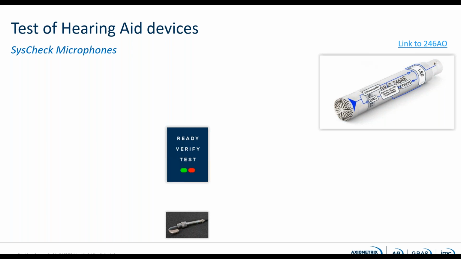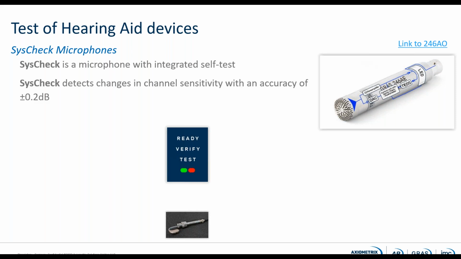SysCheck microphones. What are SysCheck microphones? A SysCheck microphone is a microphone with a built-in or integrated self-test functionality. It means inside the microphone we have added a generator, or a digital to analog converter.